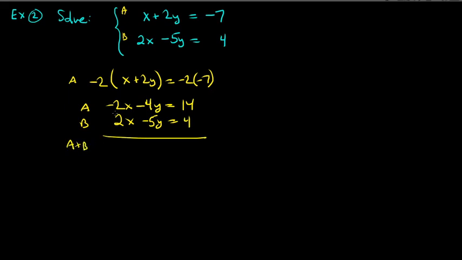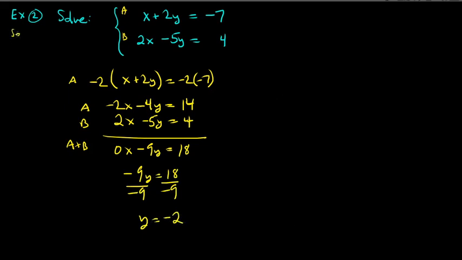A plus B. So you're going to get 0x minus 9y equals 14 plus 4 is 18, right? And so negative 9 times y equals 18. So just divide by the negative 9. And that gives us y equals negative 2.